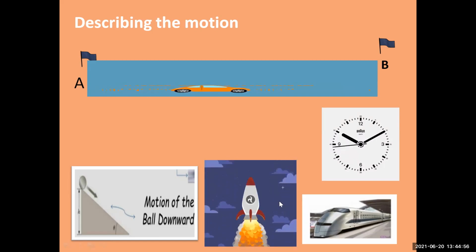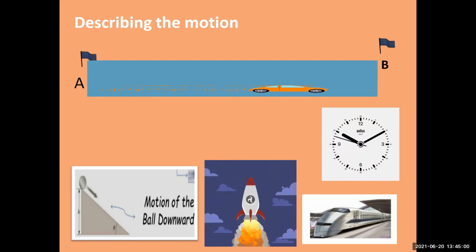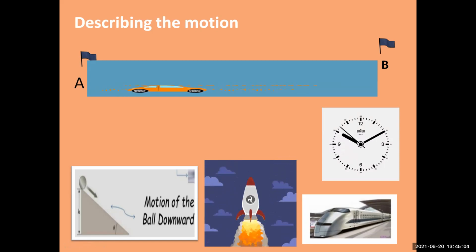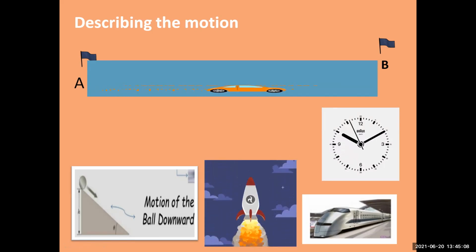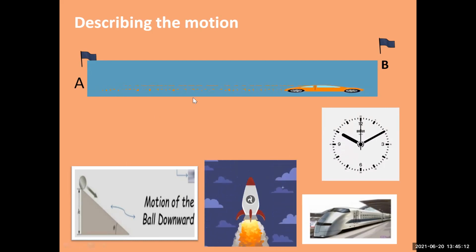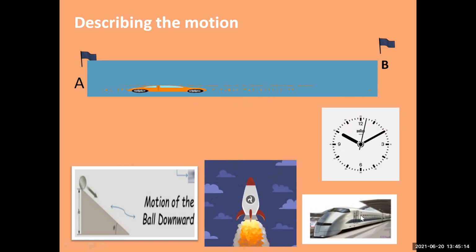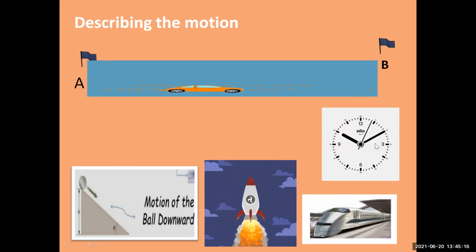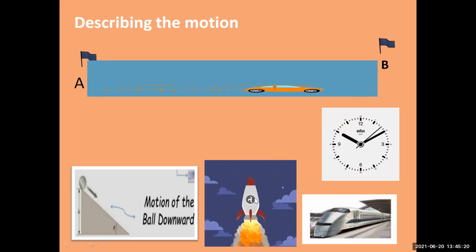In the same way, the rocket has been launched, it's moving upward. See, motion doesn't mean only in a straight line, it can be in any direction. It can be upward, it can be downward. The car is moving in a straight line, the train is moving in a straight line, but the hands of a clock are in a circular direction.